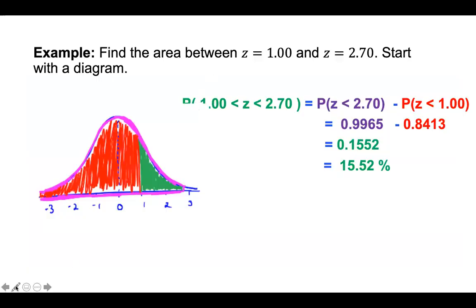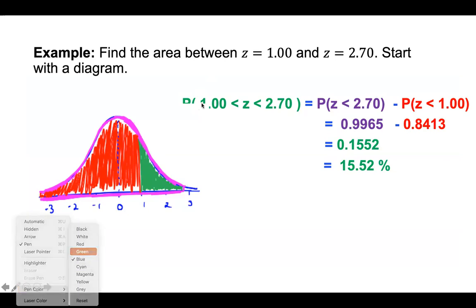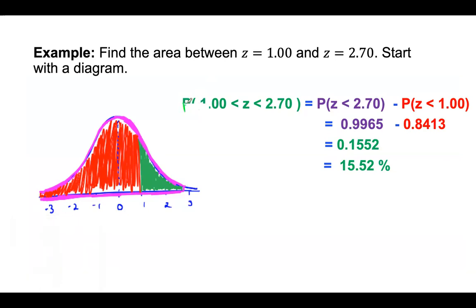So this here, not sure why this cut out. Let me try to fix it. Find the area between Z equal to 1 and Z equal to 2.7.